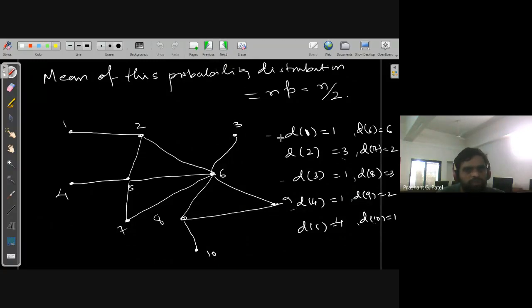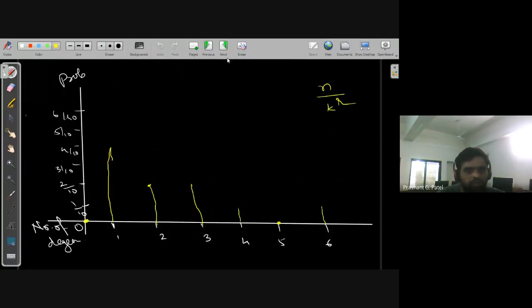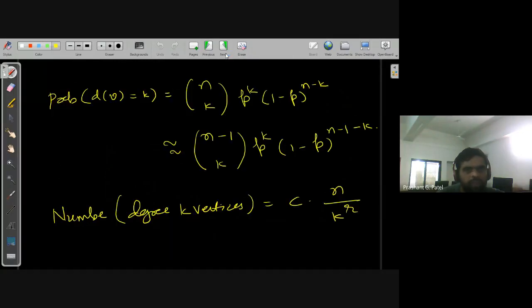We constructed some graph and saw the degree distribution in it, and we saw that the degree distribution follows a power law distribution, and the formula for the power law distribution is this.